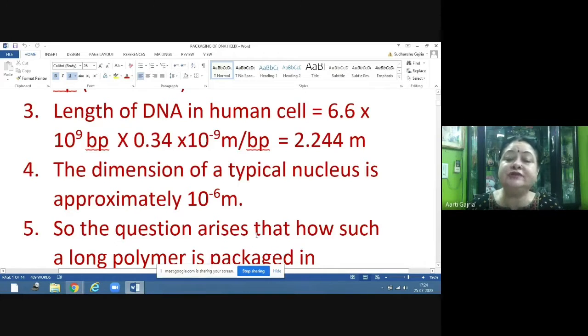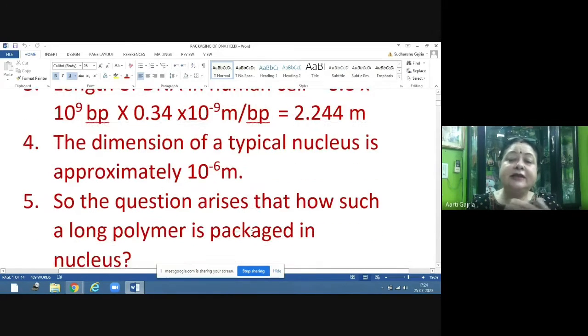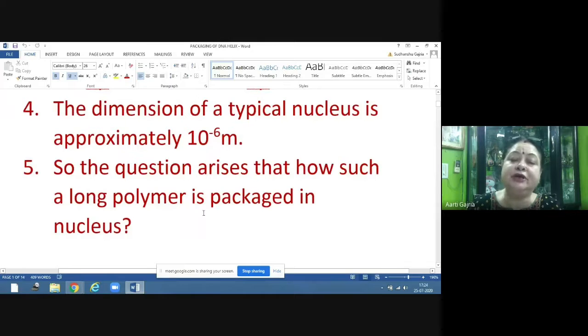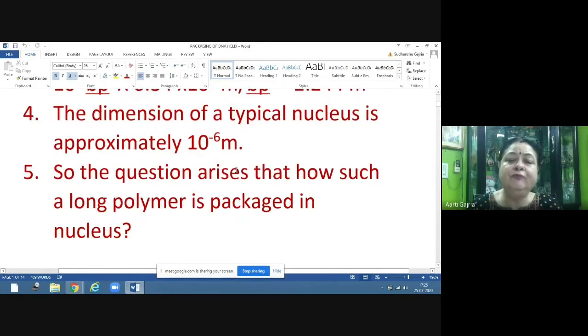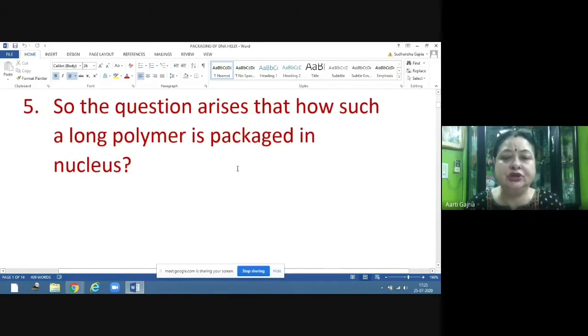The question arises: how is such a long polymer packaged in the nucleus? How can more than 2.2 meters fit into a nucleus with a dimension of 10 raised to the power minus 6 meters? This is the big question.